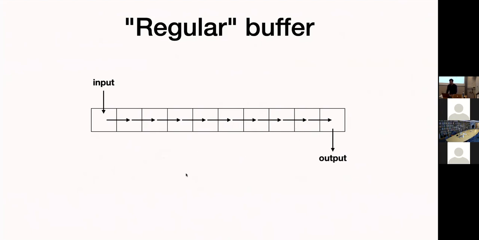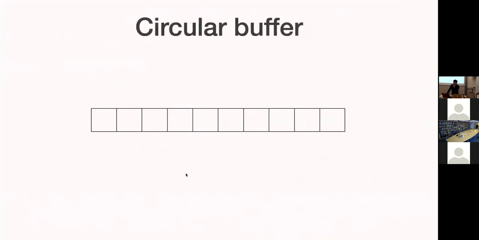But the exact same behavior can be obtained by using a circular buffer, where instead of moving all of our data, which is quite costly, especially if your buffer is very long, we can have a write location and a read location and move these around. So we write values to our buffer, and the read location is on the opposite side to have the maximum delay, and then these will move every single sample.